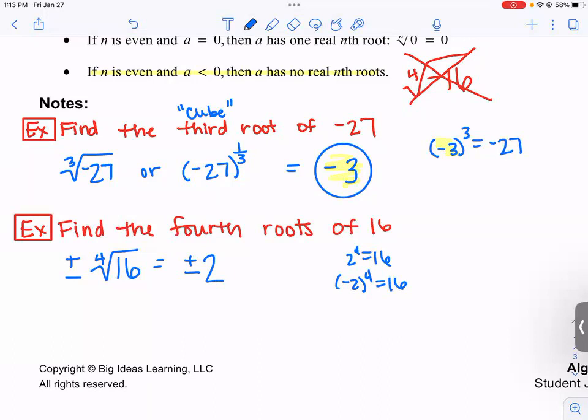Because we'd have negative 2 times negative 2, which is 4, times negative 2, which is negative 8, times negative 2 would give us a positive 16. If we have 4 numbers that are all negative multiplied together, it's going to end up with a positive number. Do you agree? Yeah. Okay.